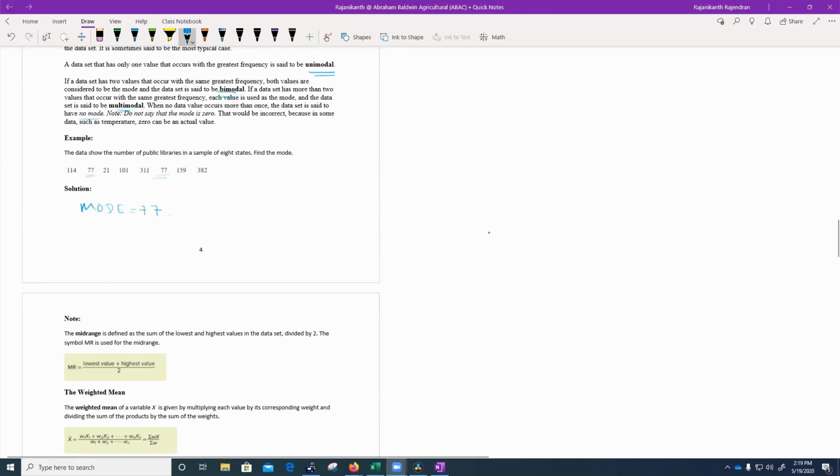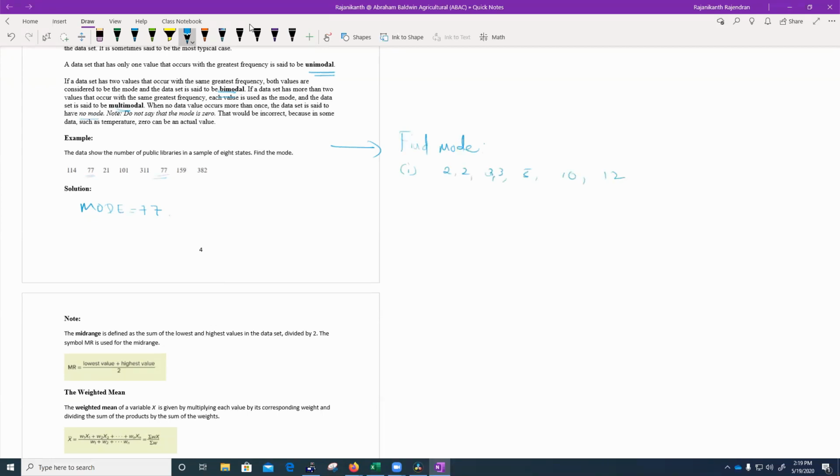Okay, I will show you a couple more examples here. Could you find the mode? Okay, so look at this one. Could you tell me what is the mode of this problem? 2, 2, 3, 3, 5, 10, and say 12.